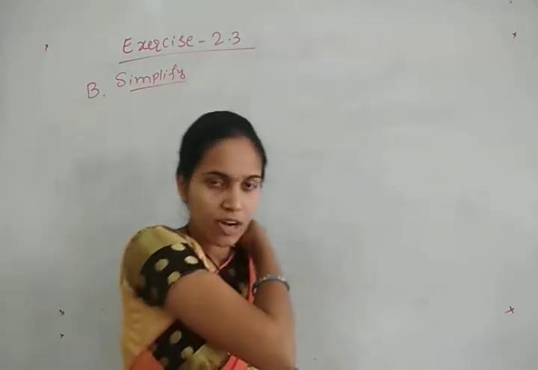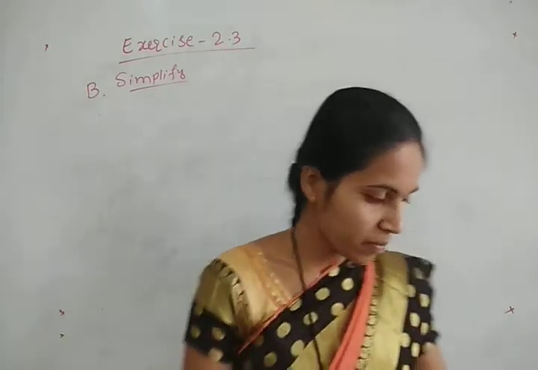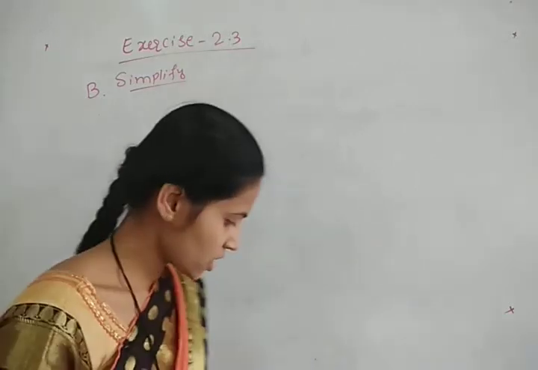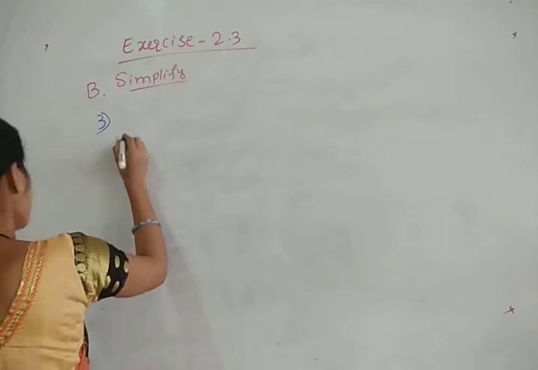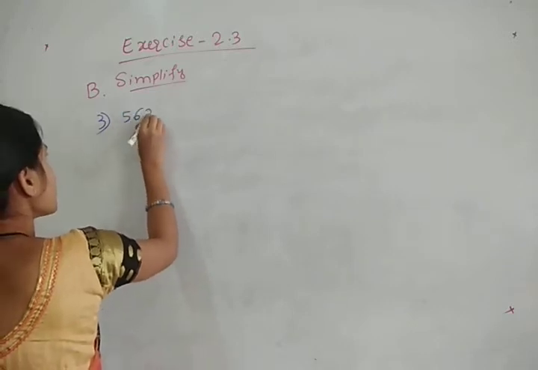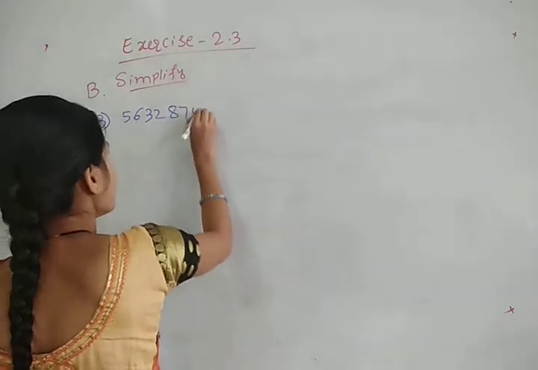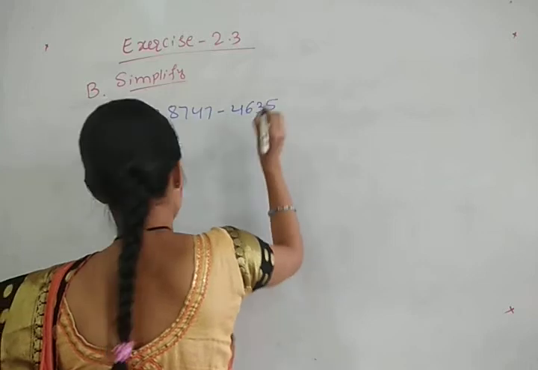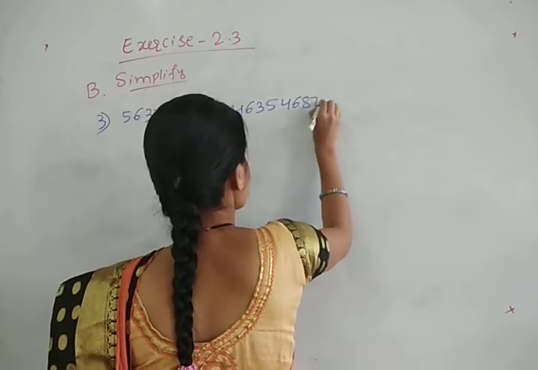So in the first and second problem we were having 3 numbers only, but in problem number 3 we are having totally 4 numbers. Okay, I will write here 5632 8747 minus 4635 4687.